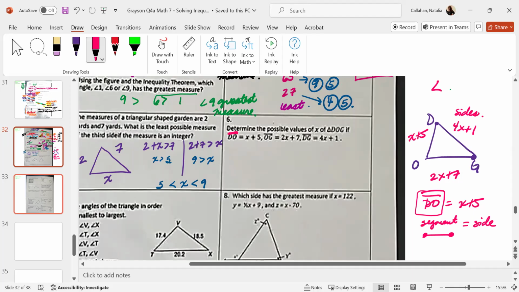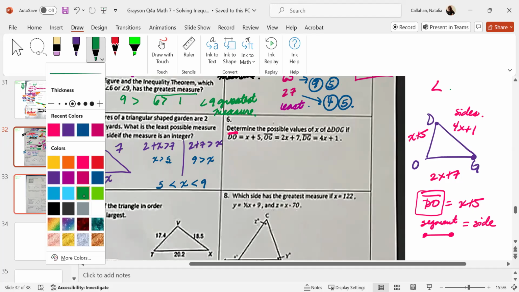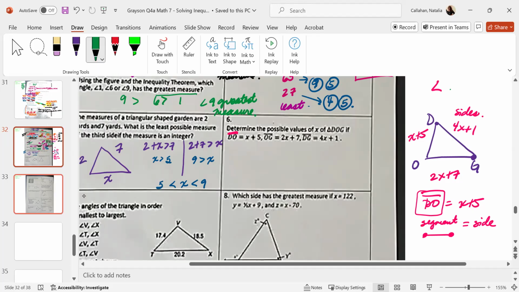Which one do you think is going to be the smallest side, just by looking at this? Which one looks like the smallest? X plus 5. Okay, so let's just have the smallest, right? I don't know which one's the medium, which one's the largest, but I know that's the smallest.